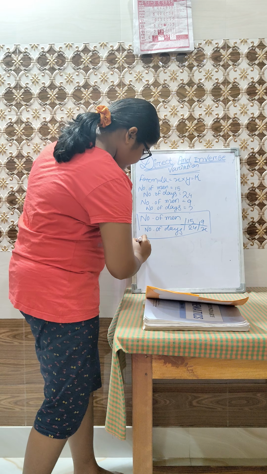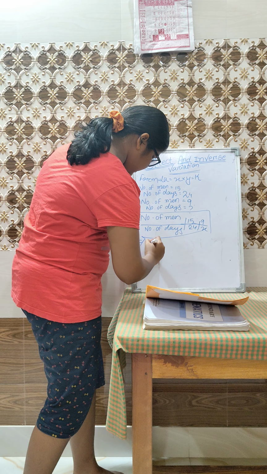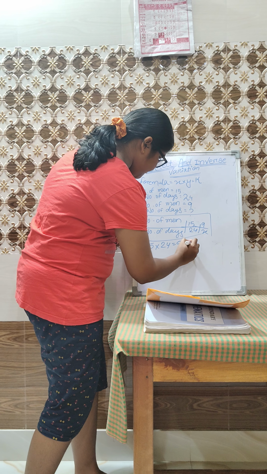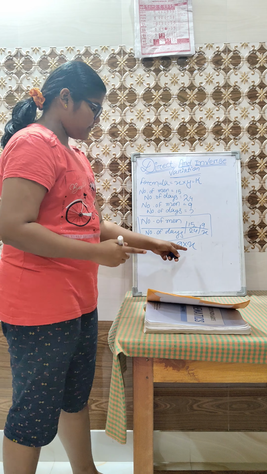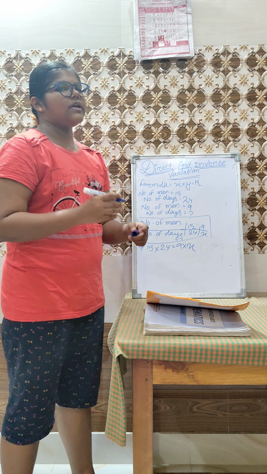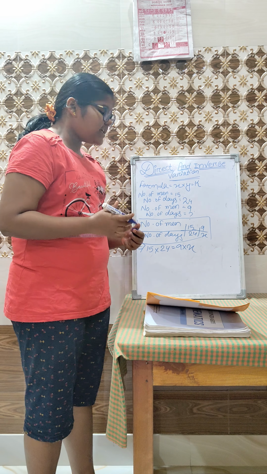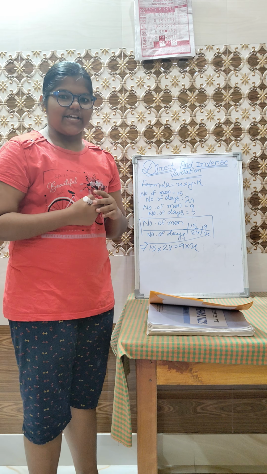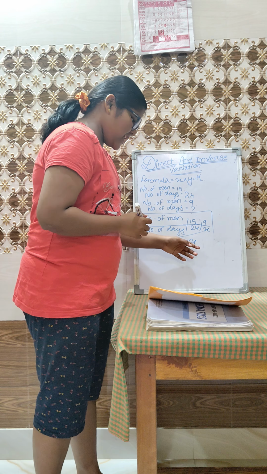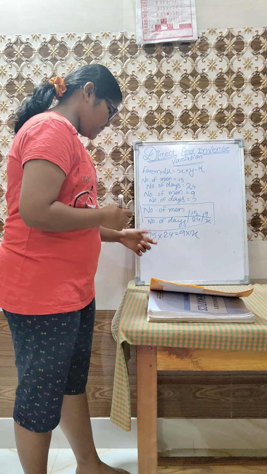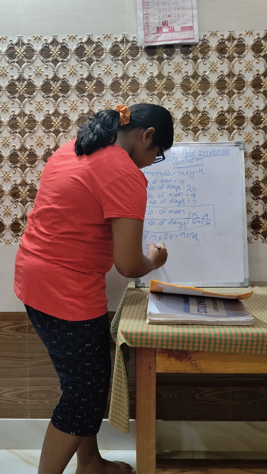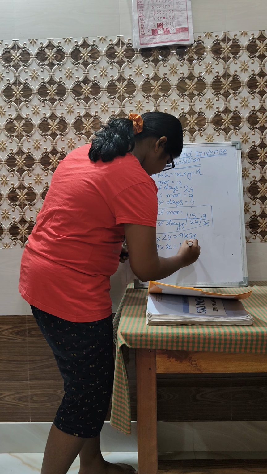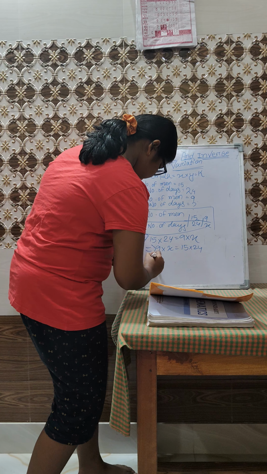So 15 into 24 equal to 9 into x. I am taking this one here because we always consider that a variable should be on the left. It will be very easy. So that's why I am transferring it here. 9 into x equal to 15 into 24.